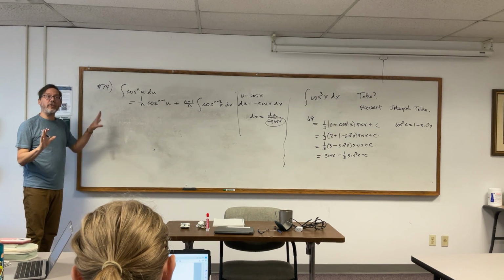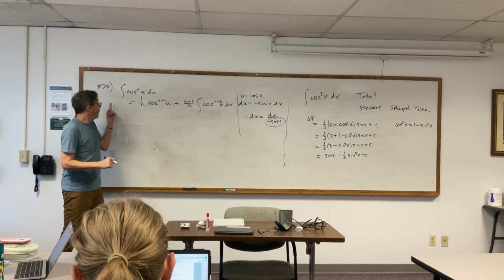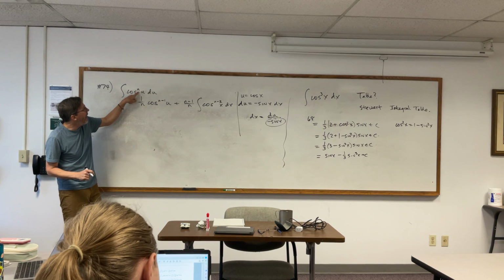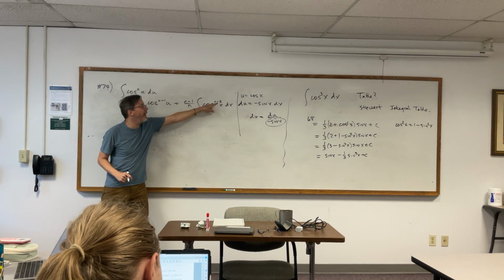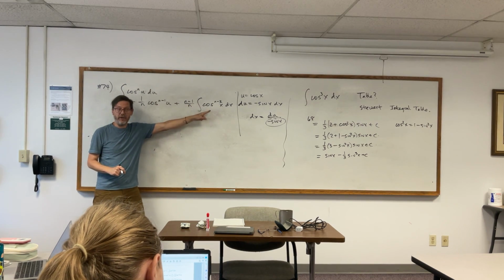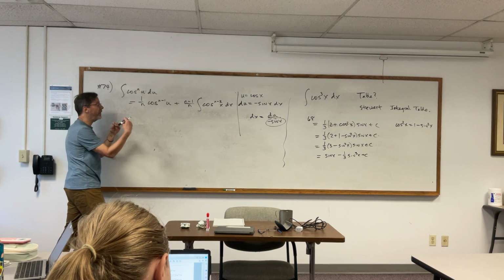So this is a recursive formula. It actually relies on another integral, and notice that the power of the cosine diminishes by 2 when we move from this integral to this integral. So it's a way to knock that power down 2 at a time.